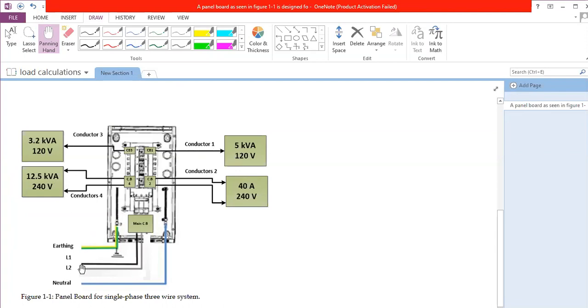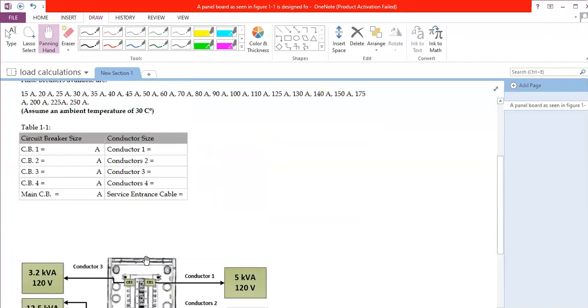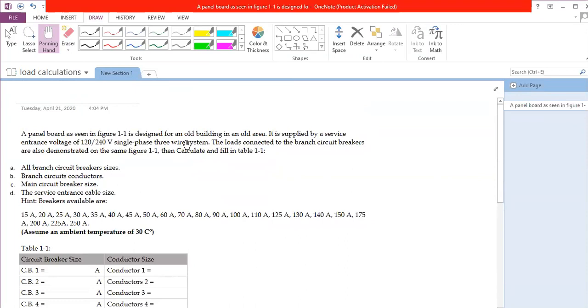So the power supply voltage line to line is 240, sorry, line to neutral is 120. I got all of this information and concluded it from the question. It is supplied by a service entrance voltage of 120/240 volt single phase 3-wire system. So it is also given here.